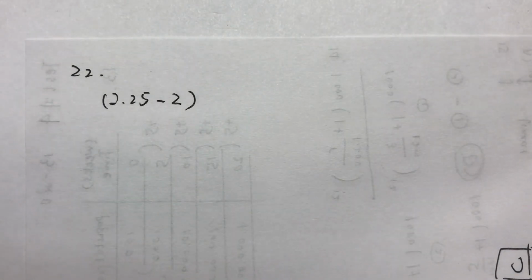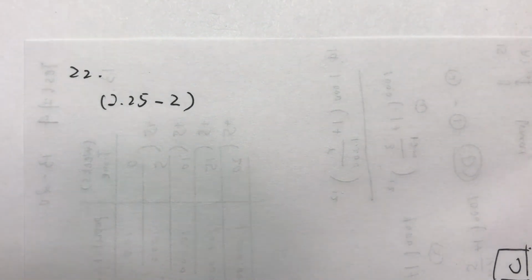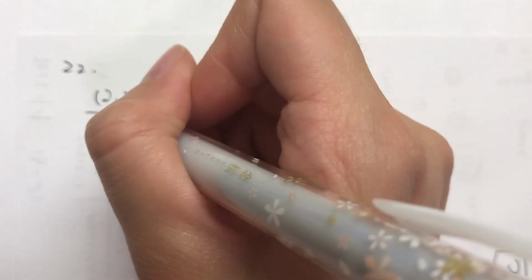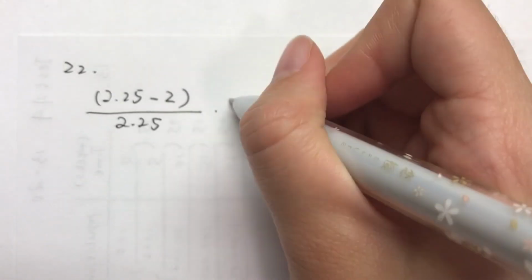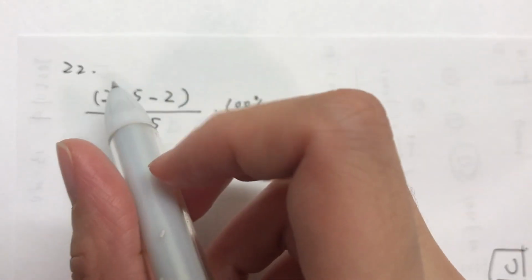So we use the value of 2000 minus the value of 2010, then divide it by the original value, which is 2.25, and then multiply by 100. This is the formula to calculate the percentage.